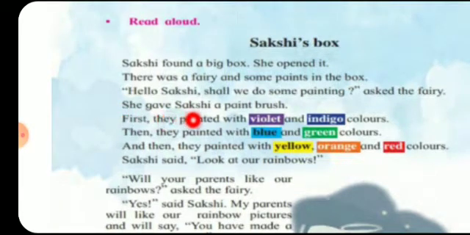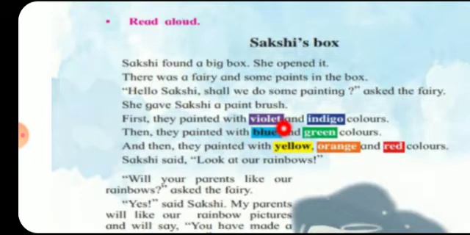She gave Sakshi a paintbrush. So the fairy gave Sakshi a paintbrush. First, they painted with which color? Violet. Can you see? A violet color is there and the spelling is also given. So what is the spelling of violet? V-I-O-L-E-T, violet.